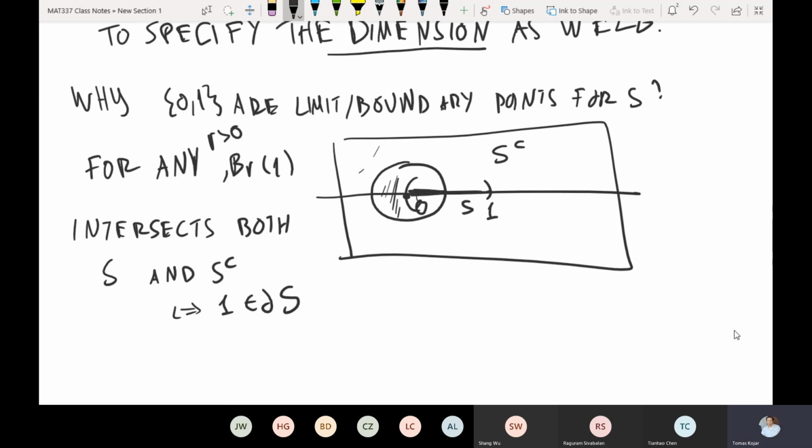Are 0 and 1 the boundary points in R2? So let me see.